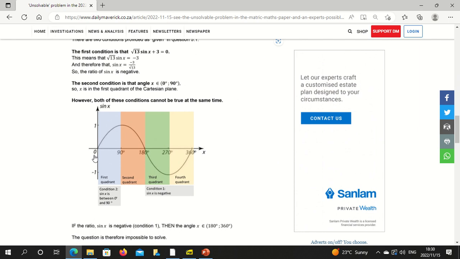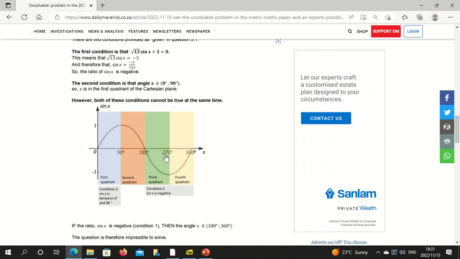Even if you draw a graph of sine of x, for sine to be negative, it must be between 180 to 360 in the third or the fourth quadrant. However, the second piece of information, that x is in the interval 0 to 90, is inconsistent.